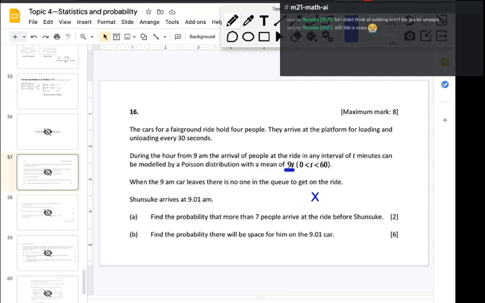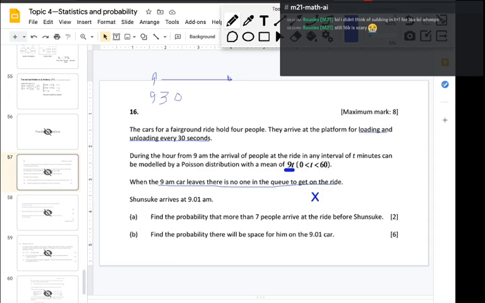Is that okay? We try to break down part B one by one. Okay, so the 9 a.m. car leaves, no one in the queue, and then it loads and unloads every 30 seconds. Right. So that means the 9 a.m. car, bye bye, no waiting, and then there's a 9:30 a.m. car, so we have to consider that car.